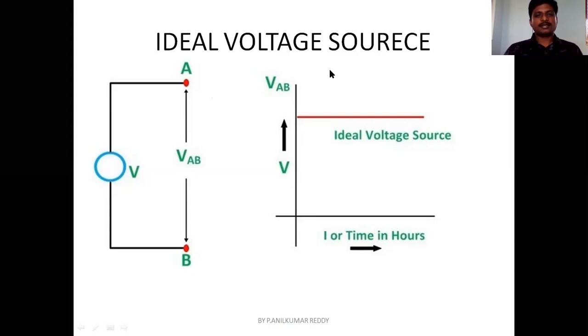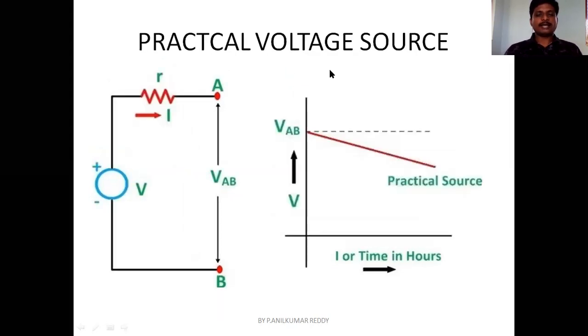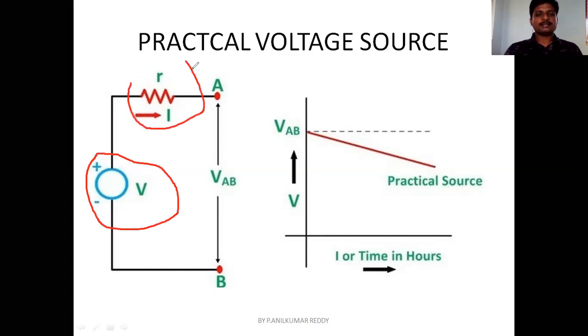Now let us look into the practical voltage source. The difference between ideal and practical voltage source is, this is an ideal voltage source. When you connect a resistor like this in series with an ideal voltage source, it becomes a practical voltage source.